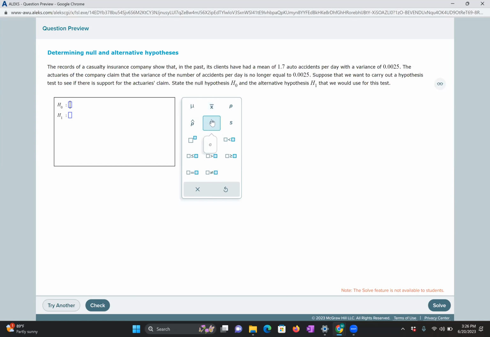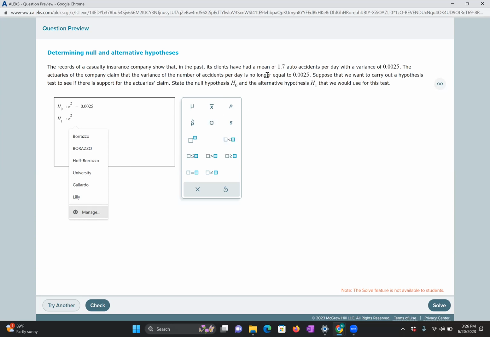So variance, basically we need this symbol, sigma squared. And this value should be, in this case, equal to 0.0025. Now the alternative. Once again, we have sigma squared, or standard deviation squared, which is variance.